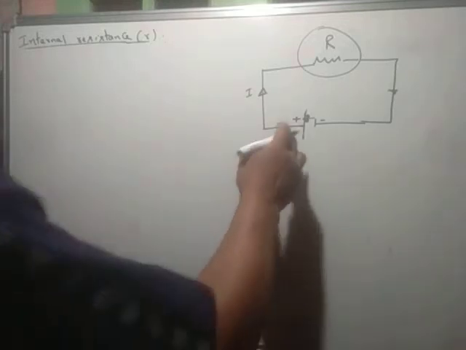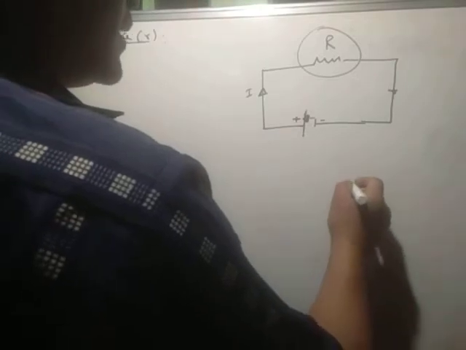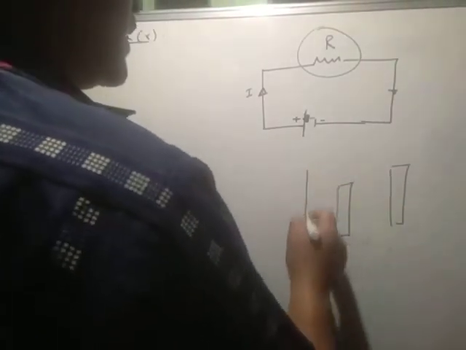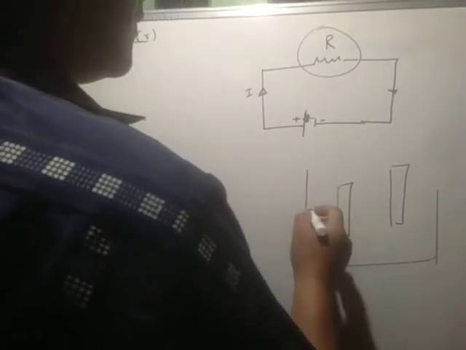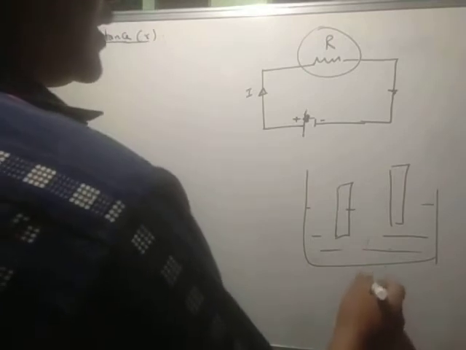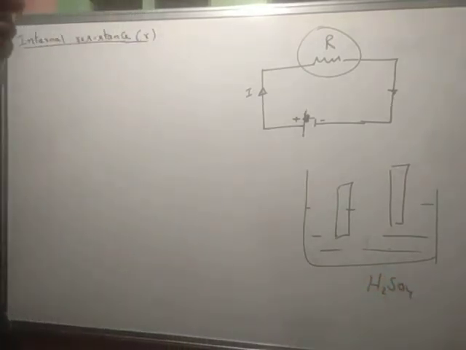So this positive and negative here mean they are the plates of the electrodes. Because a cell actually consists of an electrolyte, like H2SO4. I hope you know very well about this from chemistry.